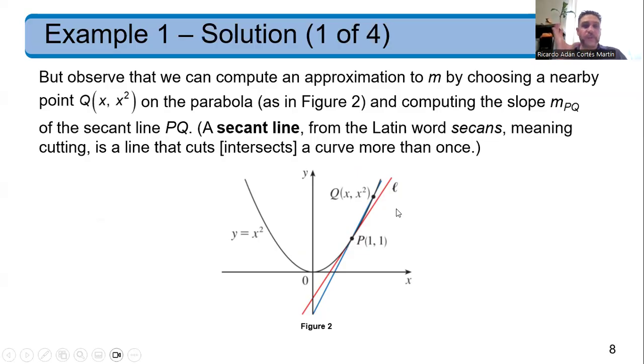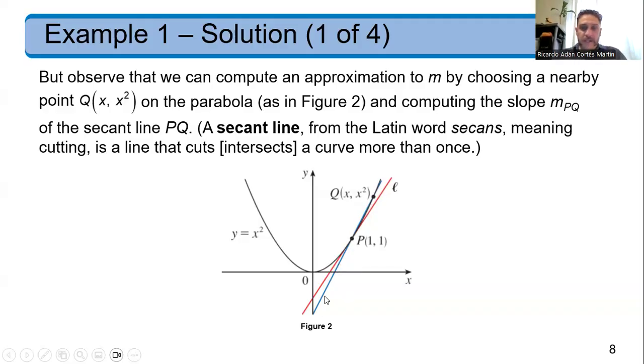So what do we do to start approximating this tangent? Because we don't know exactly what this tangent is like. We have a point Q that is on the parabola. That's why it has the coordinates x and x squared. You can use the value of x that you like, it can be 5 or 3, whatever. So it will be a point that is on this parabola.